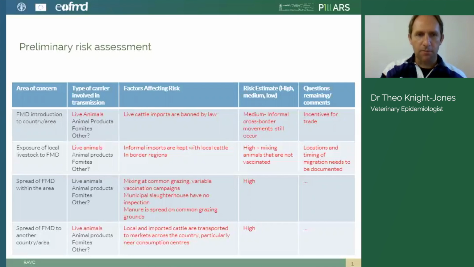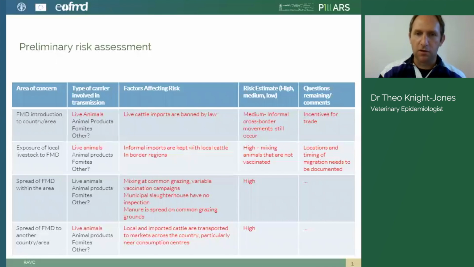Then moving to the next step, exposure of local livestock. Once we're considering the risk of the foot and mouth disease virus entering this area, will local livestock be exposed to the virus? Here again, I'm considering live animals in this summary.